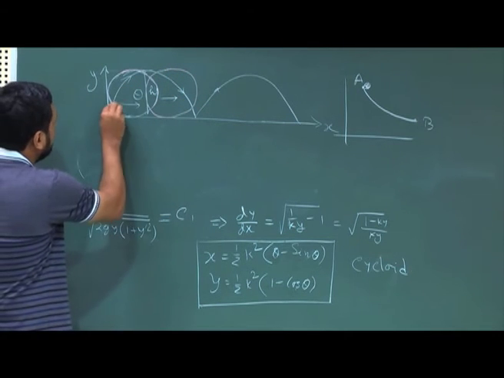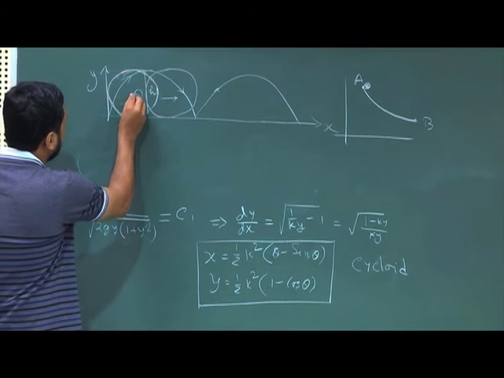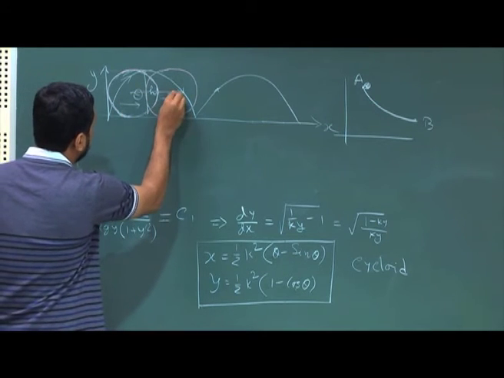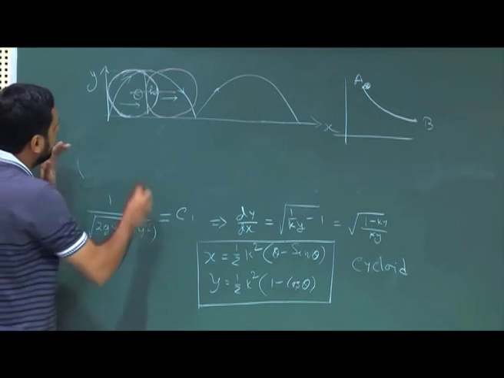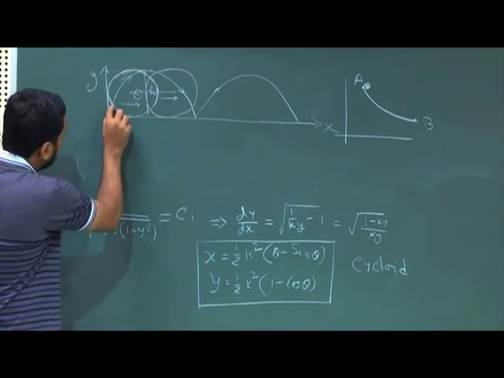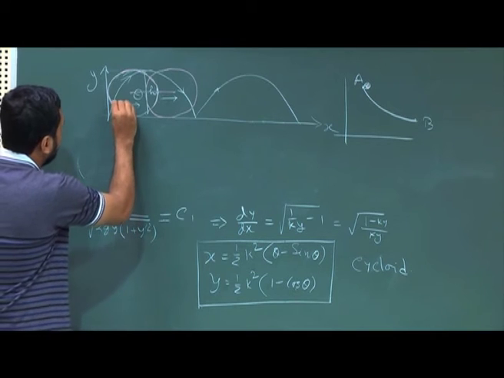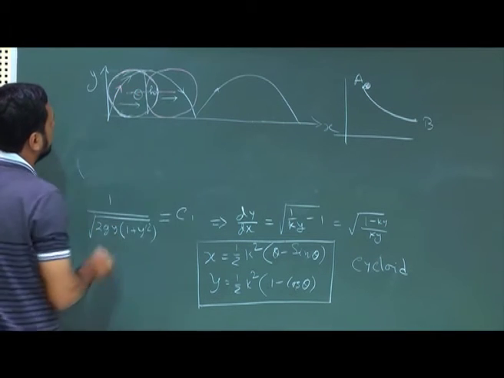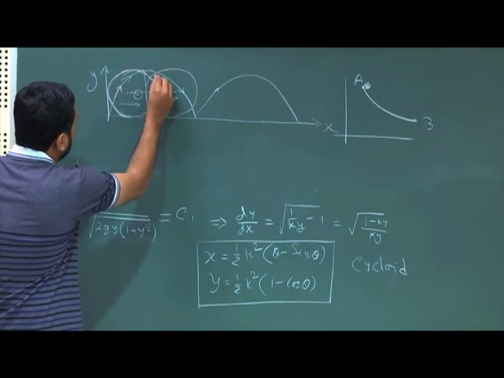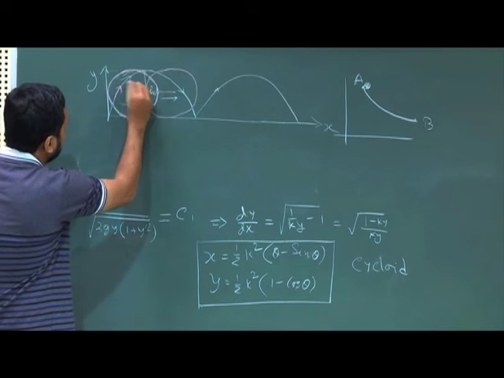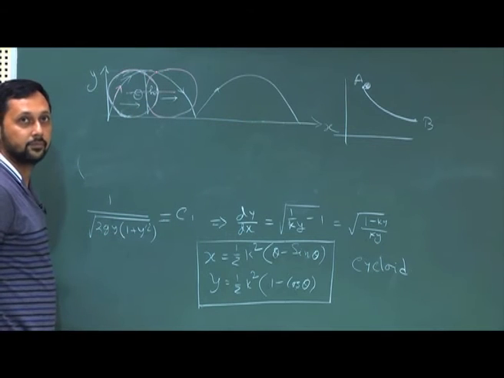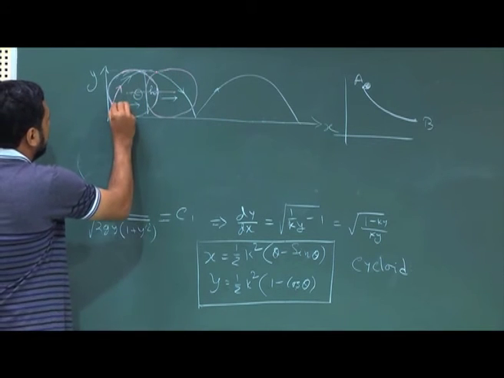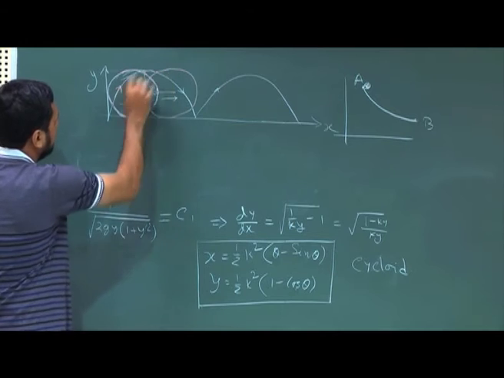Now, what happens to this point? As this center has shifted from here to here, this point also will be shifting, and it turns out the locus of this point will always stay on this curve. Okay. So, at this point you can say without drawing anything that this particular point is here. So, it has moved along this curve.